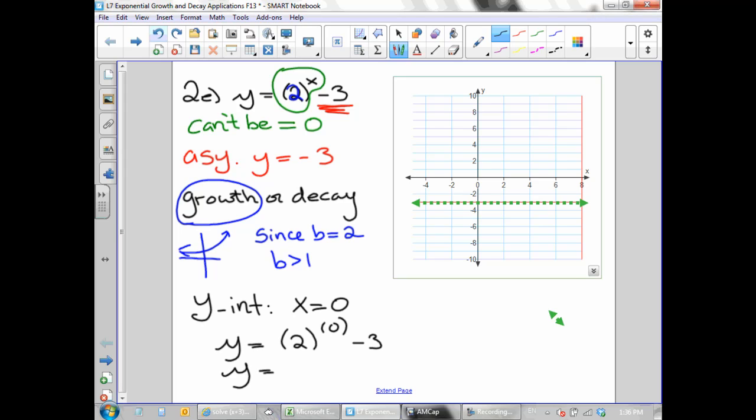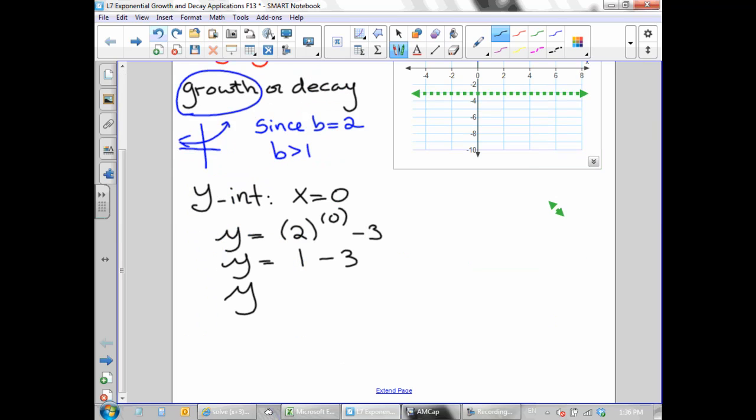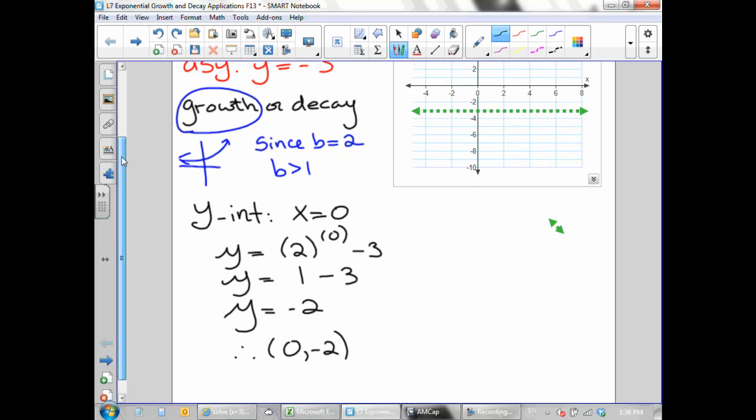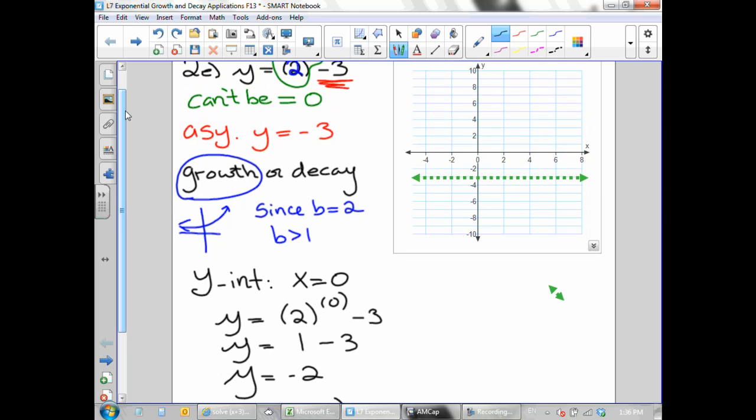Two to the 0, anything to the 0, is 1. Subtract 3. Okay, so you've got a nice y-intercept point, and it's written this way. Let's put that point on our graph. Right here.